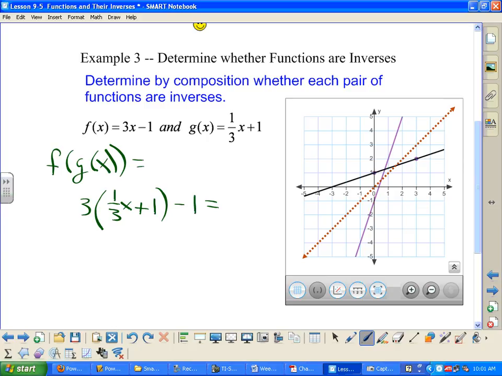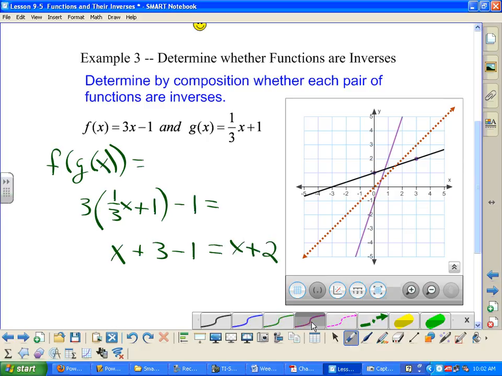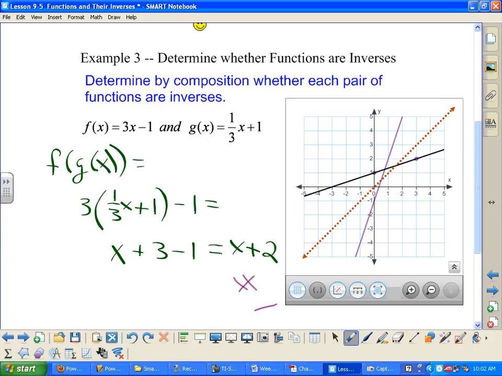So we need to distribute. 3 times 1/3 is 1, so we get x. 3 times 1 is 3, minus 1, and this equals x plus 2. But x plus 2 is not equal to x, so they are not inverses.